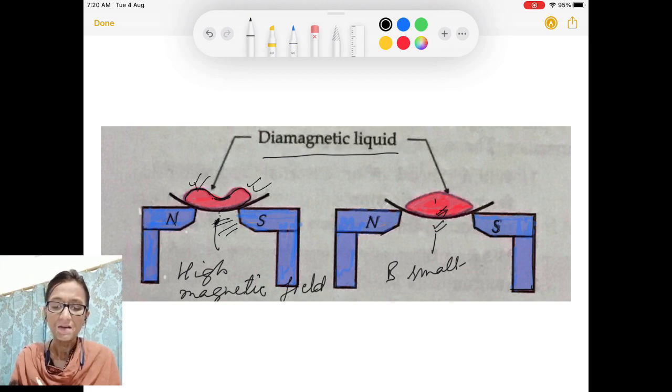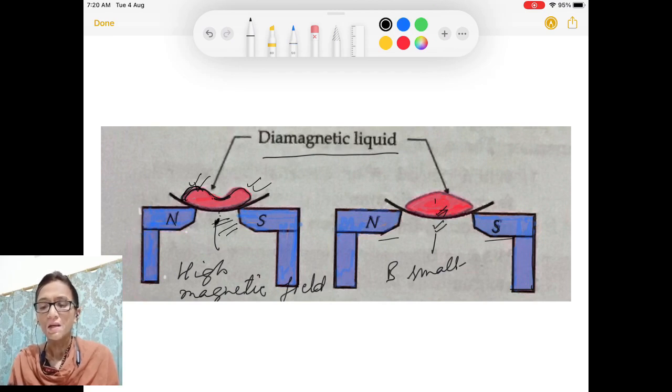Here the diamagnetic material is shifted from a region of high magnetic field. Now when the poles are far away from each other, then at the center you have a region of small magnetic field. So you can see that diamagnetic liquid is gathered maximum at the centralmost point.